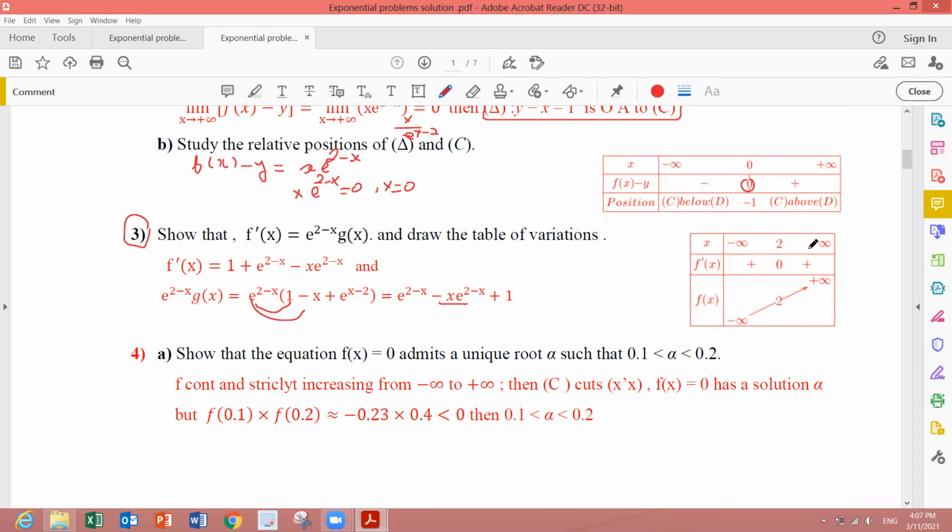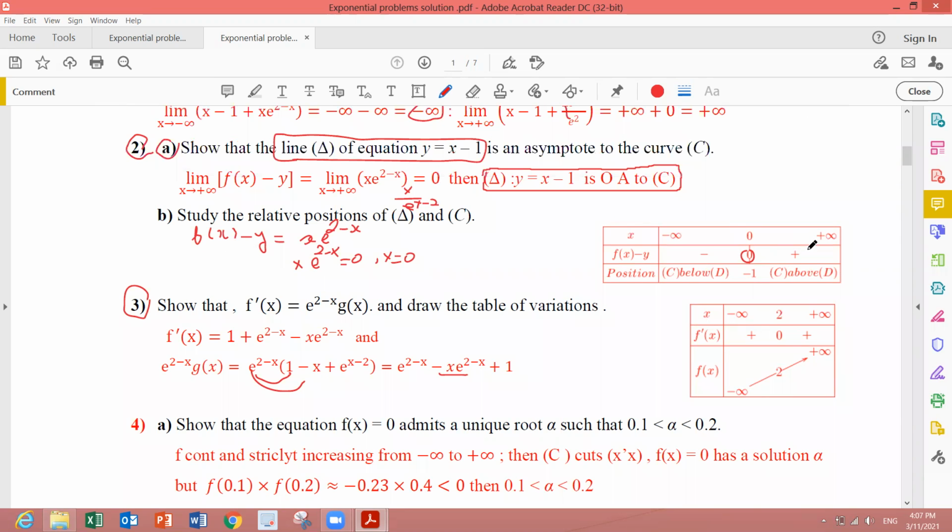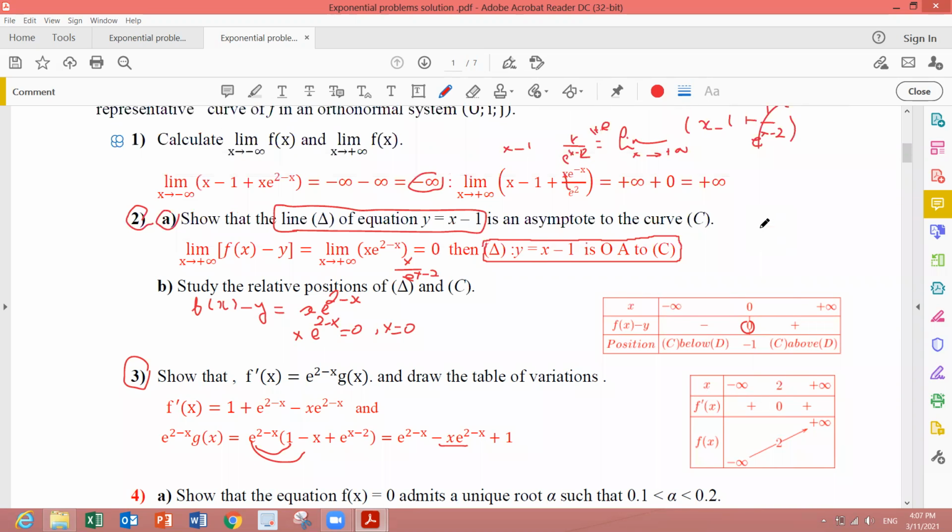So from minus infinity to plus infinity, f prime x is positive, so f(x) is increasing here.